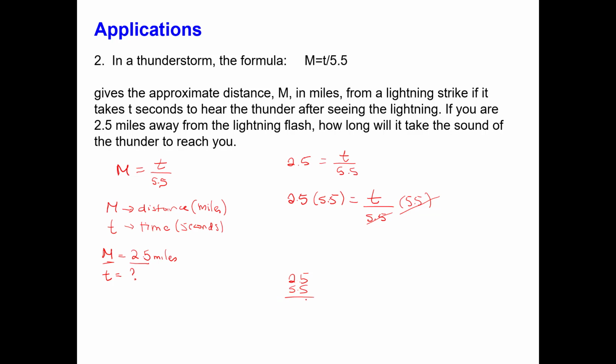Let's multiply. 5 times 5 is 25. Carry the 2. 5 times 2 is 10 plus 2 is 12. 0. 5 times 5 is 25. Carry the 2. Here 5 times 2 is 10 plus 2 is 12. 5, 7, 3. We had 2 decimal places, 1, 2, then 13.75 equals t.